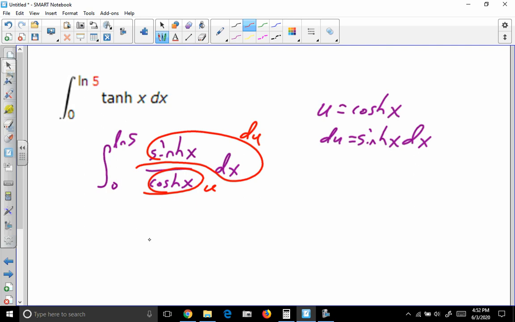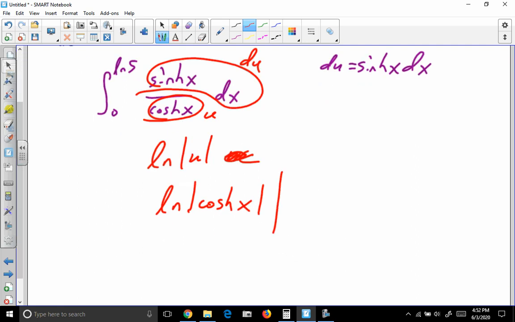Remember, when we integrate du over u, that integrates into natural log absolute value of u plus c. But since this is a definite integral, we don't have to have the plus c. So natural log absolute value of u, which is hyperbolic cosine x. We want to evaluate that from 0 to natural log of 5.